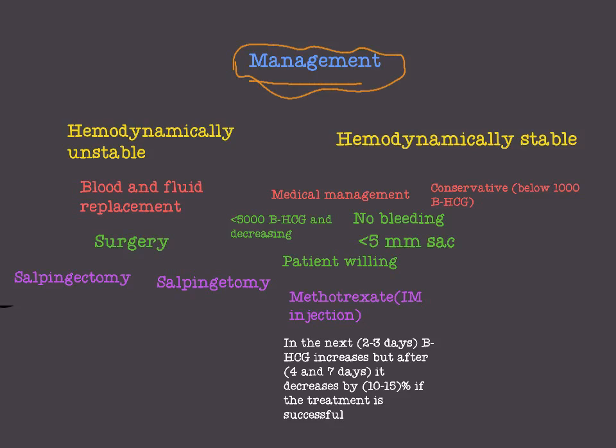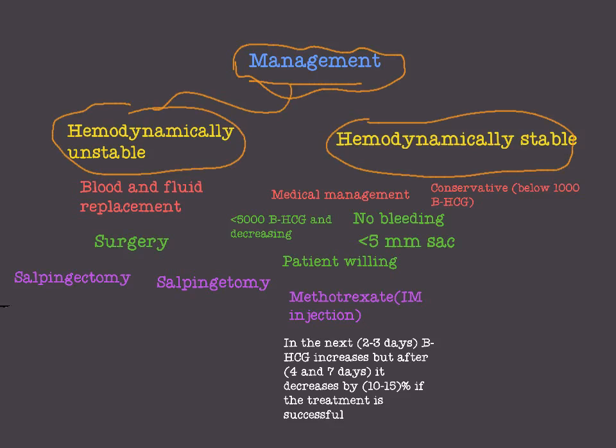Now let's move to the management of ectopic pregnancy. We have two cases: a hemodynamically unstable patient or a hemodynamically stable patient. In the case of a hemodynamically unstable patient, we have to give a blood transfusion and fluid replacement to make the patient hemodynamically stable, and then we go directly to surgery. Two surgeries are done: salpingectomy or salpingostomy.